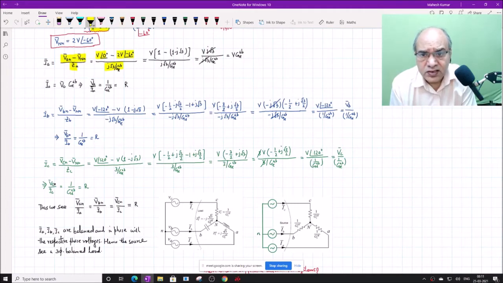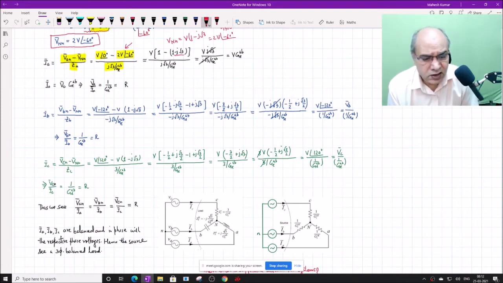Okay. This is also equal to, directly if you want, minus 1 minus j root 3. So you can also write VNN equal to simply V(1 minus j root 3), which was actually 2V angle of minus 60 degrees. So it is easy to simplify if you write in this form.